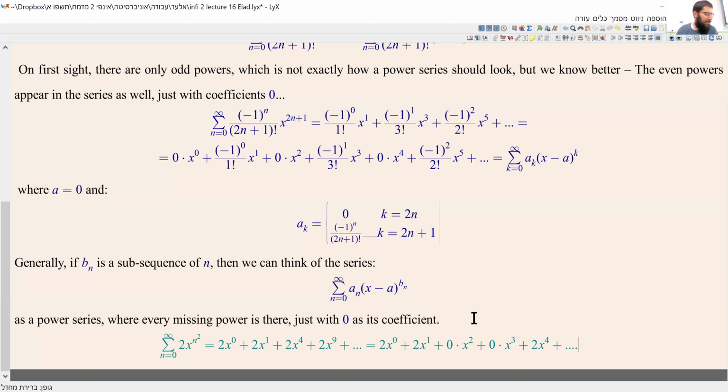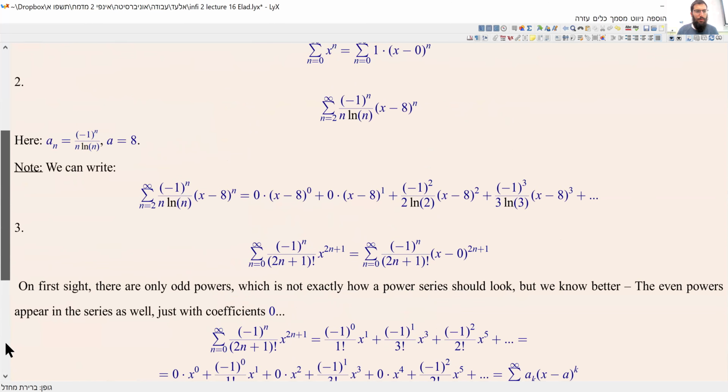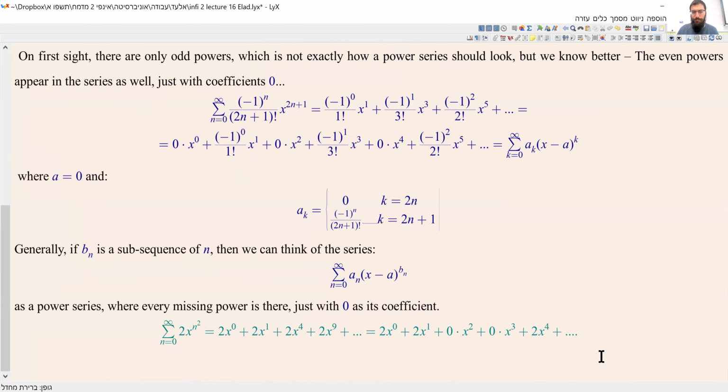And now we already know that in order to understand things better, we need to see some counterexamples. What is not a power series? So, on the other hand, some examples for function series that are not power series.